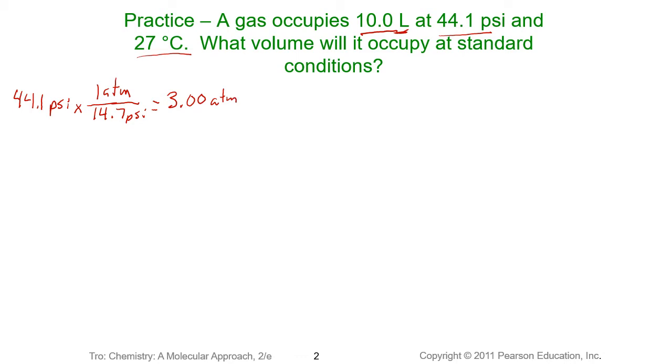We also have to convert the temperature. We take our 27 degrees Celsius, add 273.15, and we have a temperature of 300.15 Kelvin.